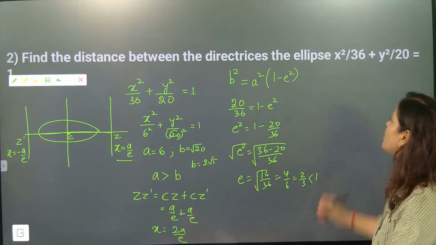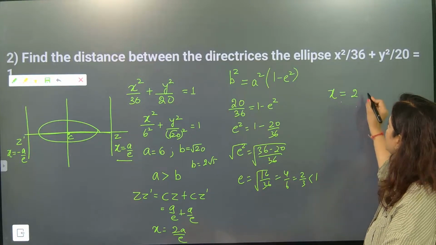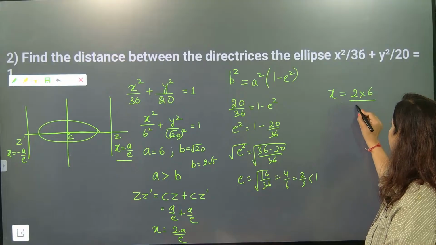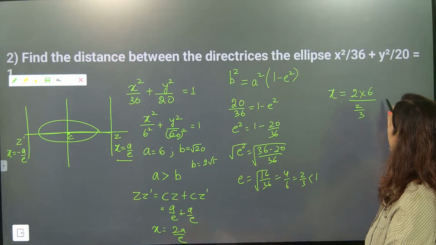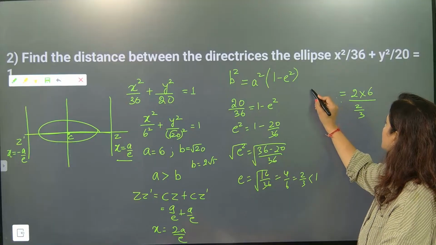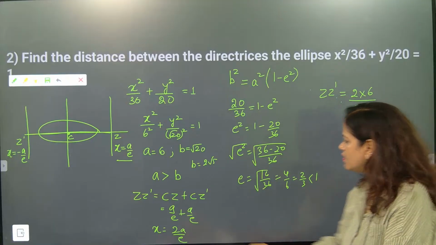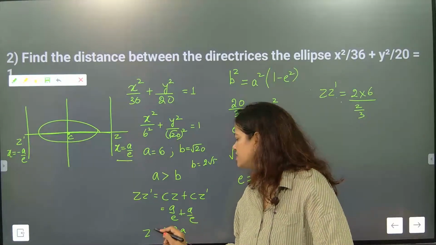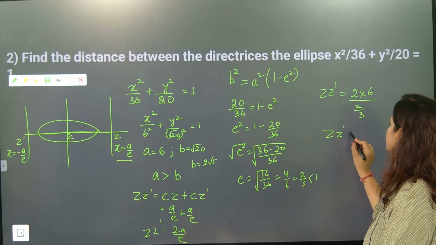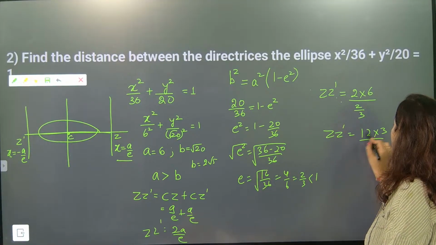So now the distance formula will be what? It will be 2a by e. a is 6 and e is 2 by 3. So the distance, that is ZZ dash, because they ask distance, is 12 into 3 by 2, which is 18.